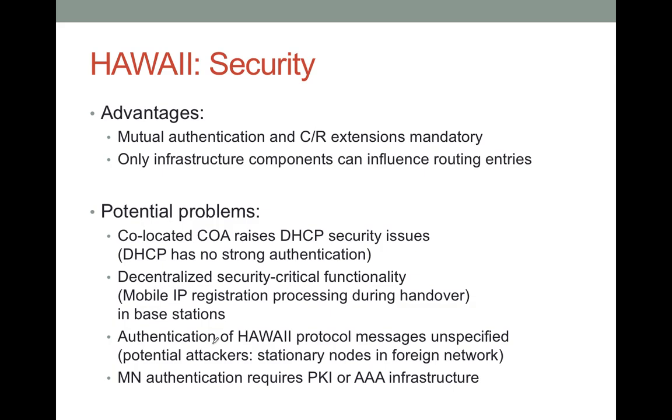DHCP has no strong authentication, just like here. So decentralized security is a critical functionality. Mobile IP registration processing during handover in the base station, and authentication of Hawaii protocol messages is unspecified. So this is the security problem that happens in Hawaii.